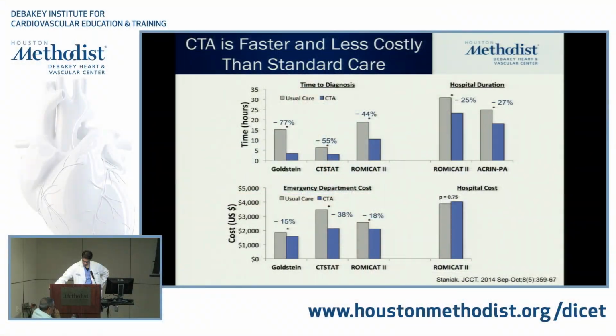Now, there was one study that looked at overall hospital costs in the acute setting and then in follow-up. That was ROMI-CAT2, and they didn't really show any difference. But those things all come down to how a doctor deals with the information then in follow-up. But at least in the acute setting, it seemed to be a good way to quickly clear out the ER.